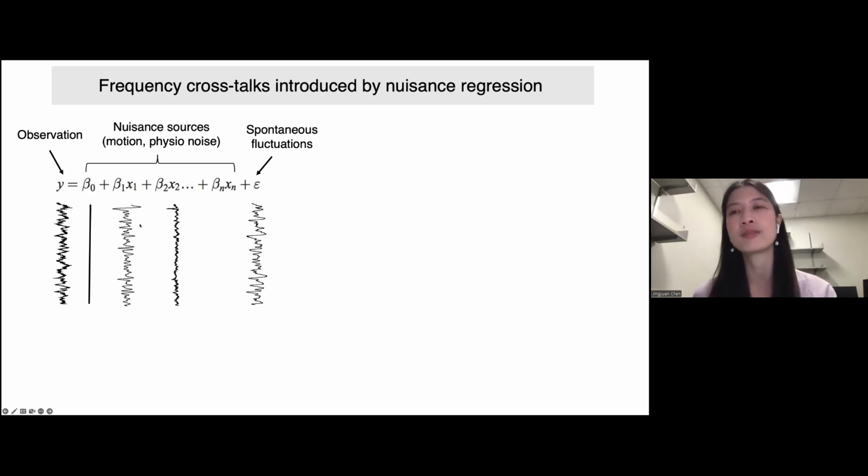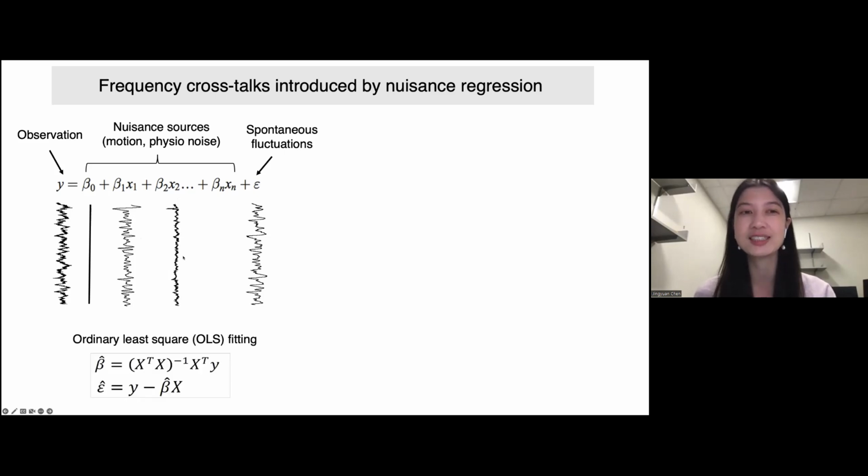These can be modeled by peripheral measures. And then by modeling fMRI data as a mixture of these things, you just project these nuisance factors out of the data using a very simple ordinary least squares fitting. So this is a very standard denoising step of fMRI.